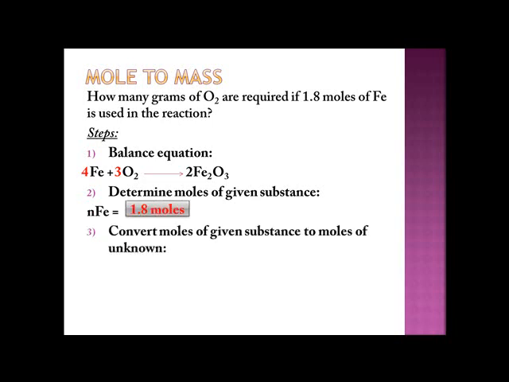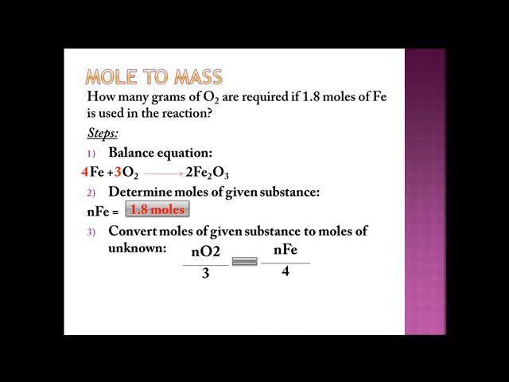The third step is to convert moles of the given substance to moles of the unknown. So we place the 1.8 moles over 4 equals the number of moles of oxygen over 3.